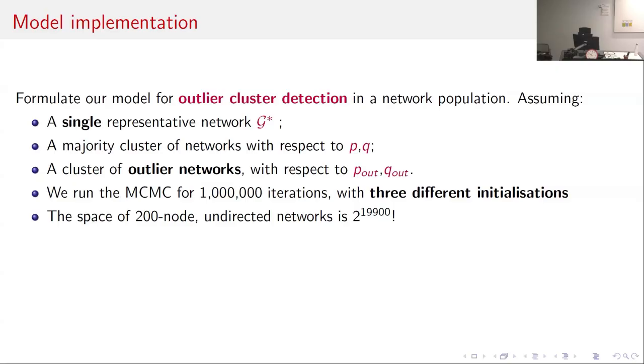So apparently it's huge, and we explored the convergence through different initializations, and we allowed the MCMC to run long enough. I think it took a couple of days to run 1 million iterations for making inferences for the network representative too.